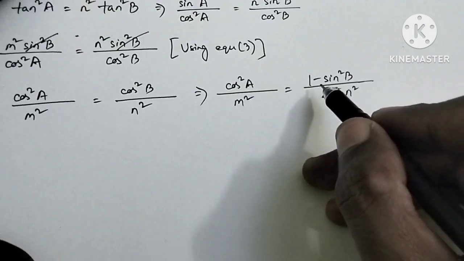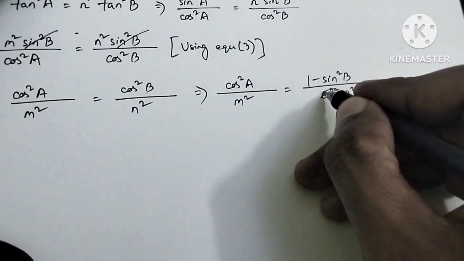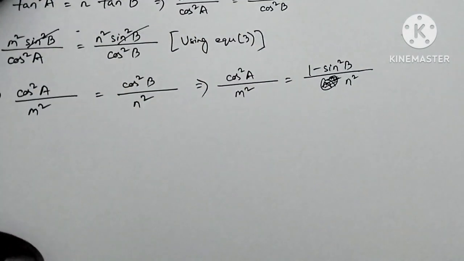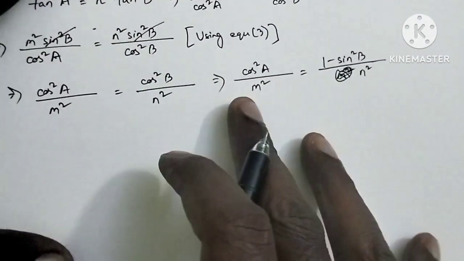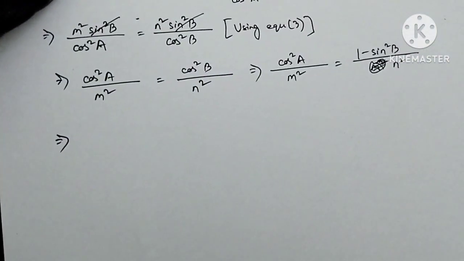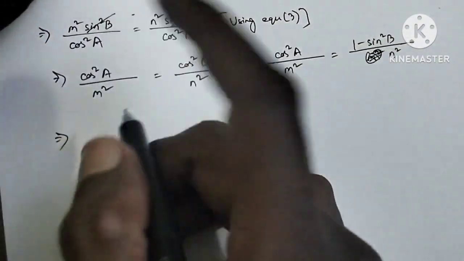Cos square B, I am writing it as 1 minus sin square B by n square. Clear? So now in the next step, what will you do?